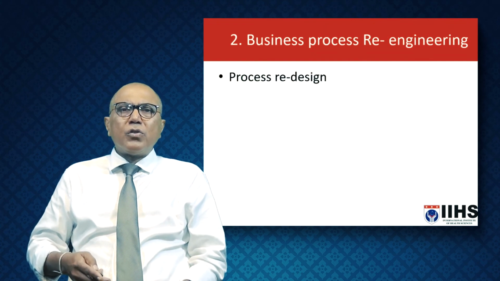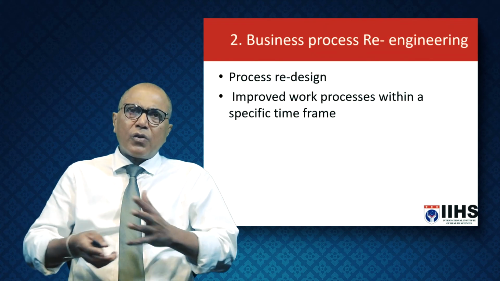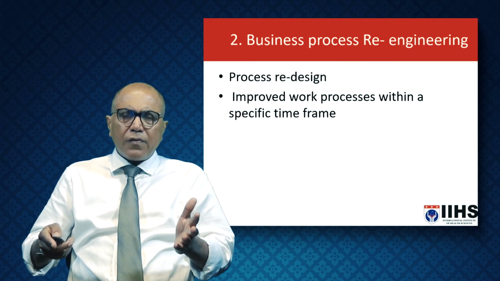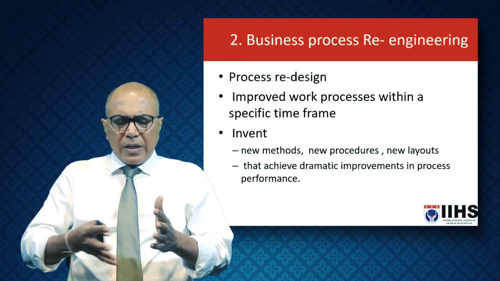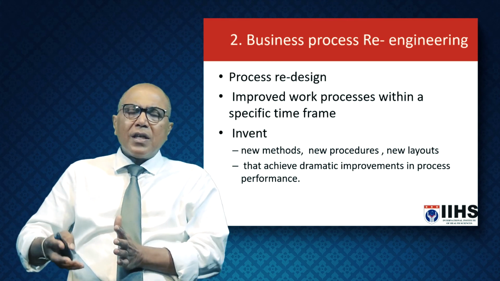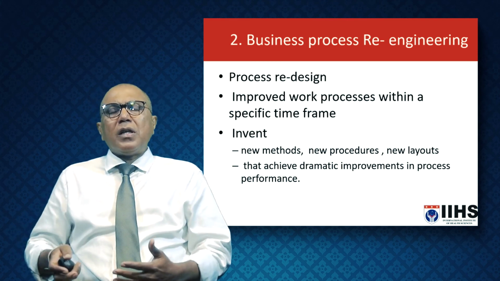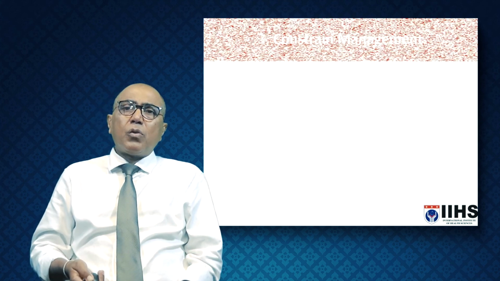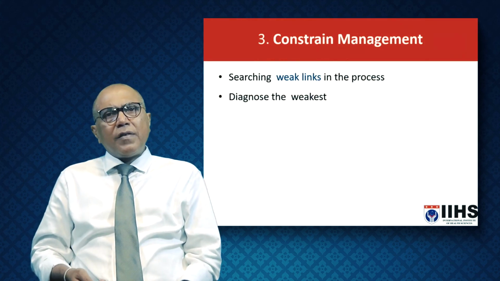In BPR, of course, you re-engineer within a specific time frame. You organize new methods, new processes, new layouts, and then there will be dramatic improvement of the efficiency of the processes.